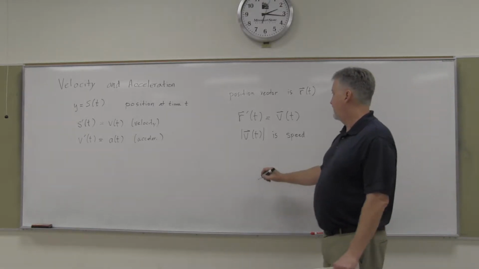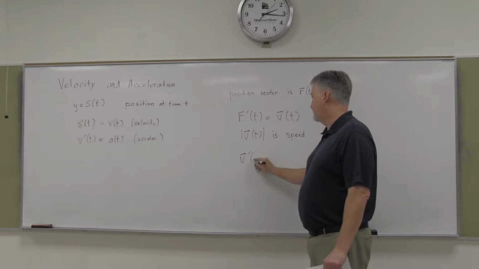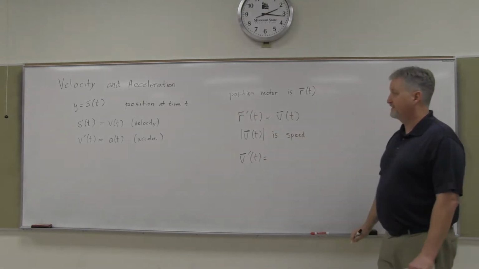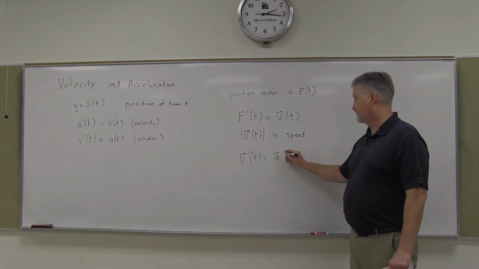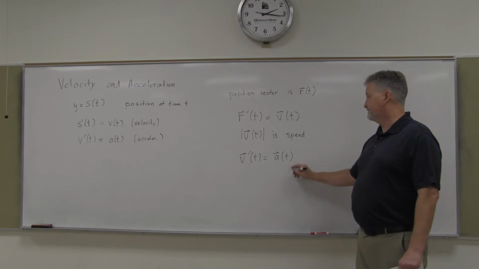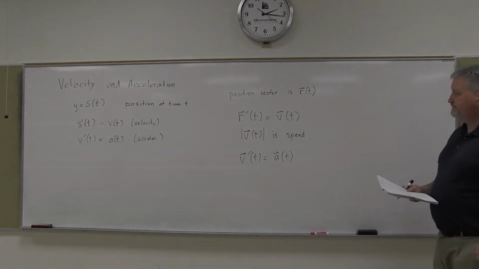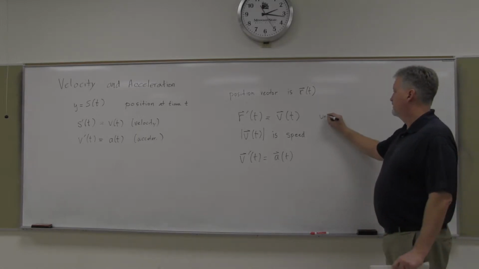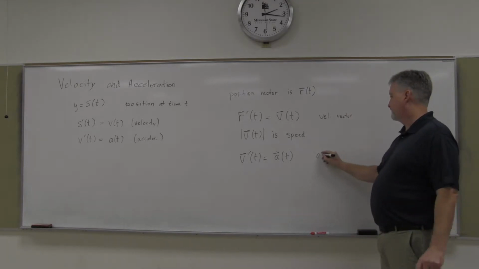And then if we do the derivative of the velocity vector, just like when we did the derivative of the velocity over there, that gives us the acceleration vector. Call it a of t. Just in vector format.